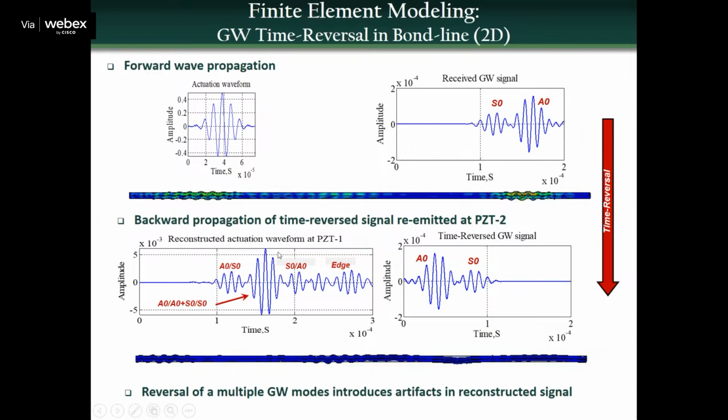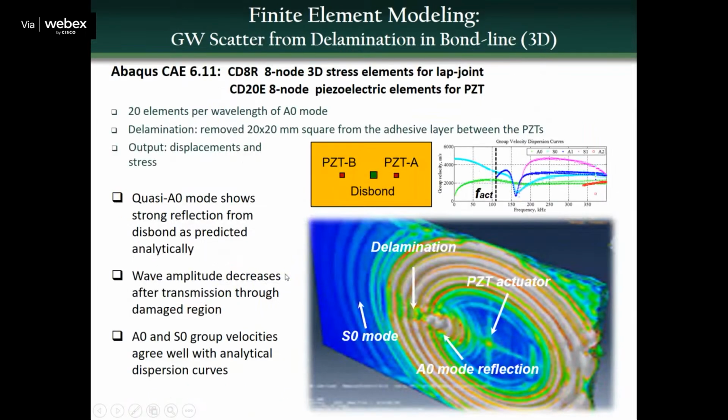Okay, now this is not the real signal we collected, like we are doing in other guided wave monitoring problems. So we need signal processing to get the time reversal signal back. And this also shows the simulation where we can understand the guided wave scatter from the delamination in the bond line. This is a 3D simulation. We choose our actuation frequency to only look at the fundamental wave modes.